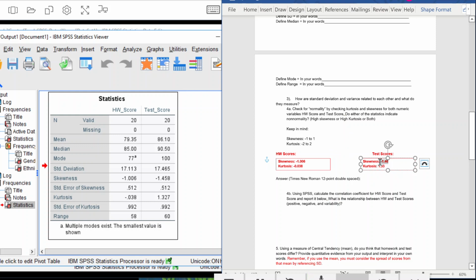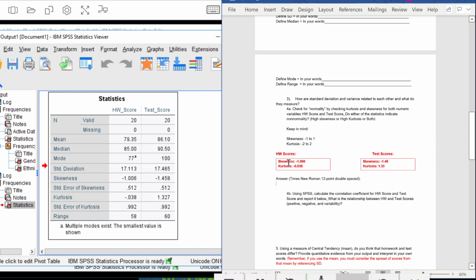And it's clear that this area for test score, no, this is not okay, sorry. This is a normality violation because it surpasses negative 1. But in this case, kurtosis is within the limits of negative 2 and 2. And so it's more or less the shape of the data is normally distributed for test scores.